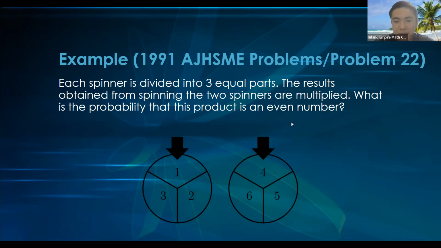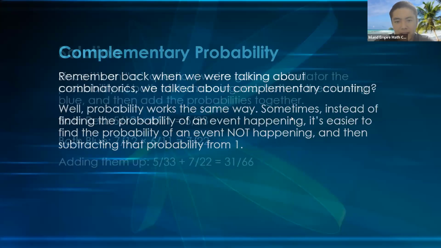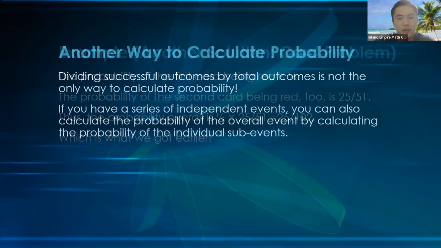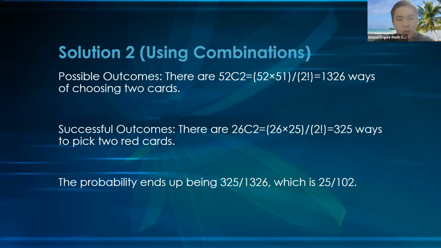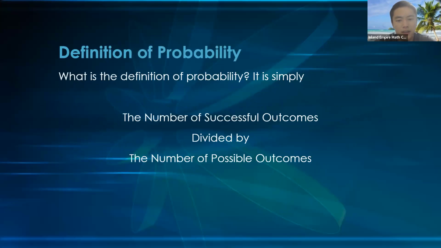But that's pretty much it for today's probability. Today we did really basic probability. And just to review a little bit, the principal way of calculating probabilities is the number of successful outcomes divided by the number of total possible outcomes.